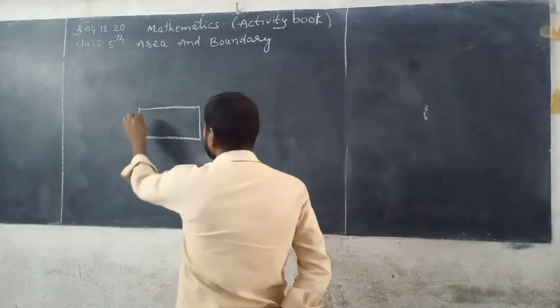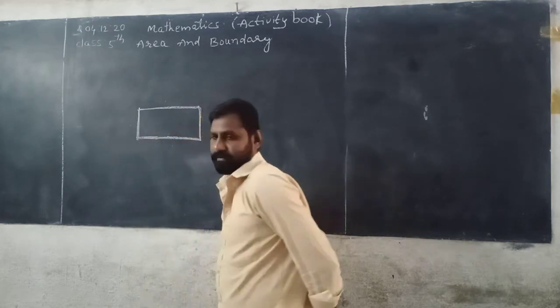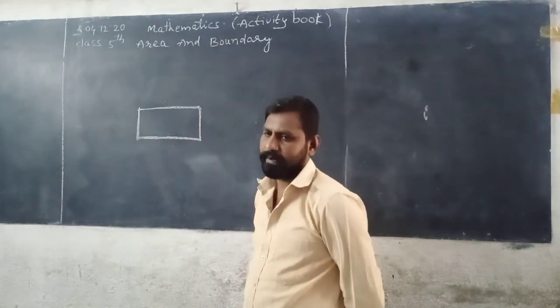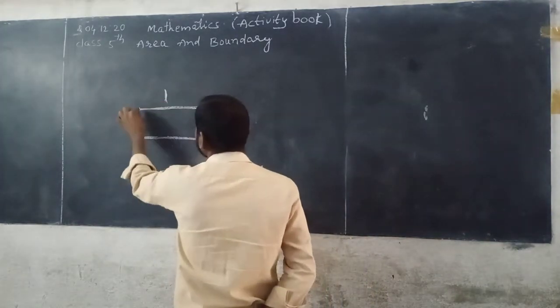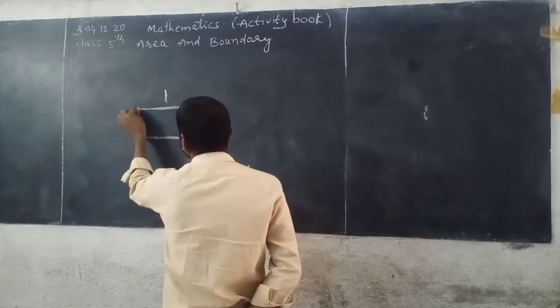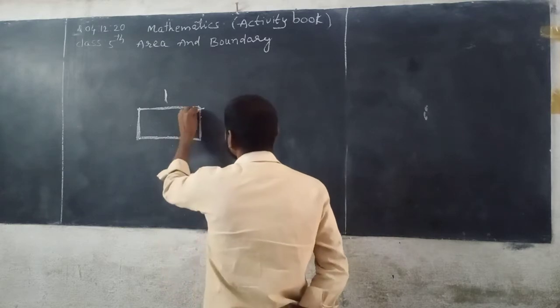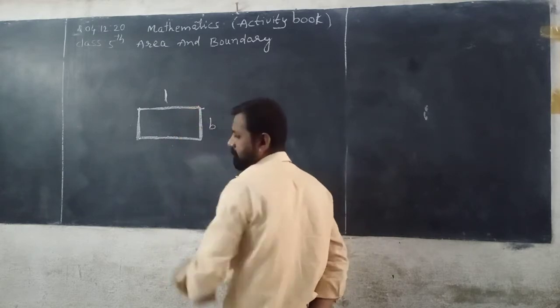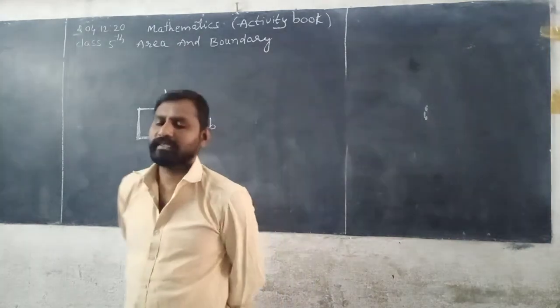See here, a rectangle has length and breadth. In a closed figure, the longest distance is called its length, and the shortest distance is called its width. Actually, perimeter means the distance around.